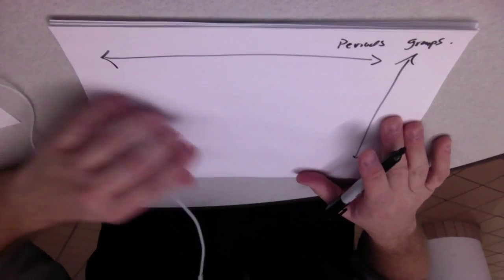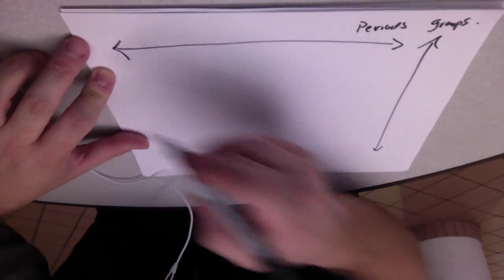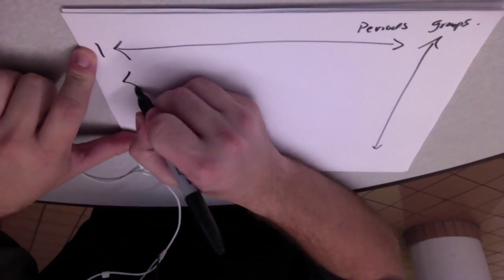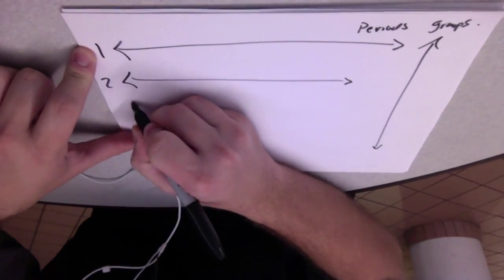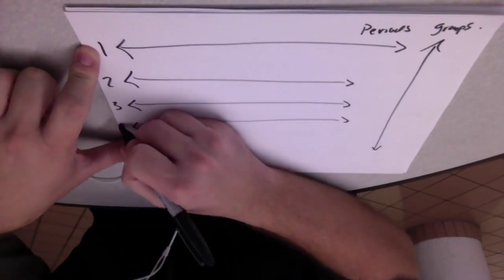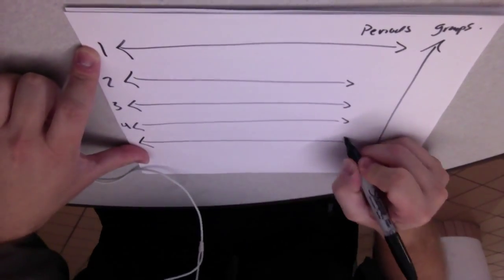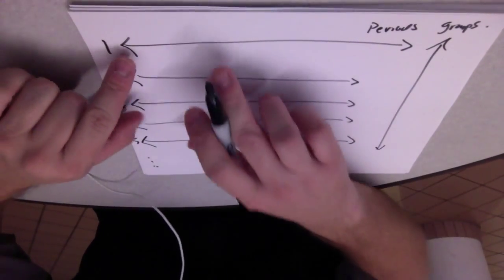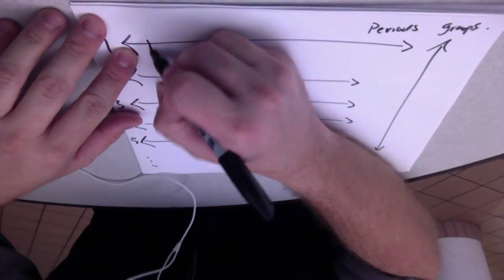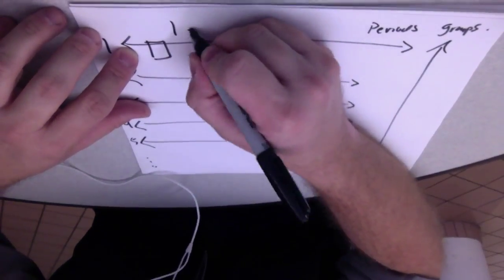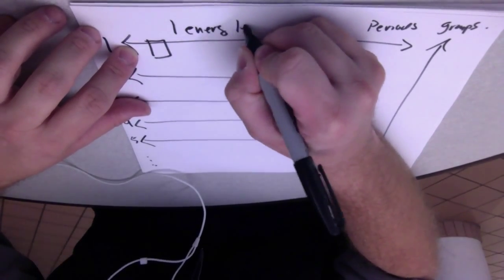Now here's a cool thing. If you look, you'll start at the top, the very first period, period 1, and then the next period is 2, and 3, and 4, and 5, and so on and so forth down to about 7. So what this means is that if I have an element up here in period 1, that element has one energy level.